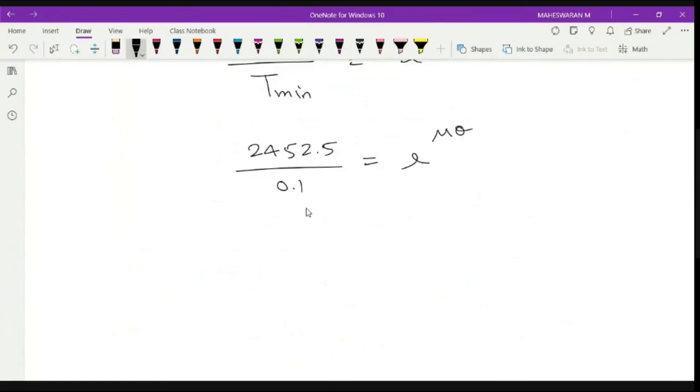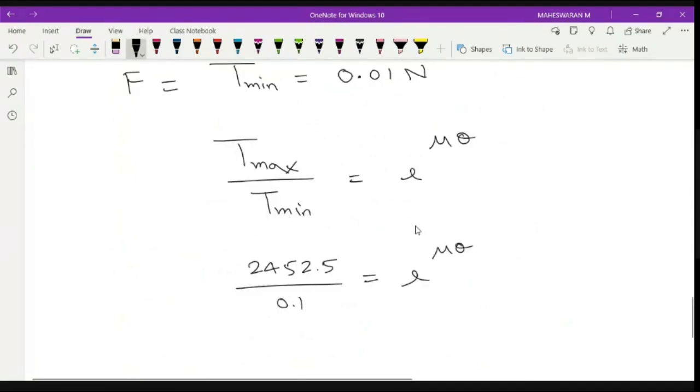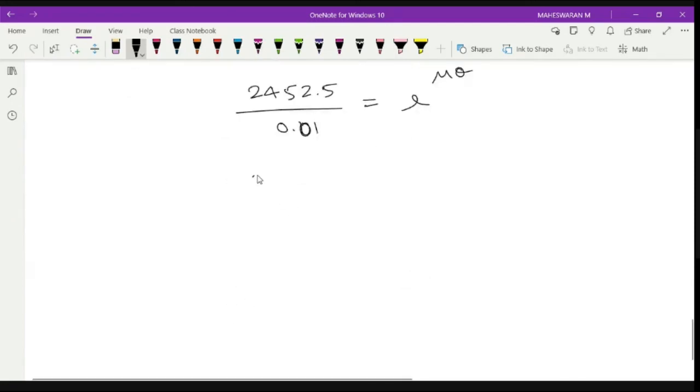So we're getting a higher value of 245250. This is equal to e power mu theta.